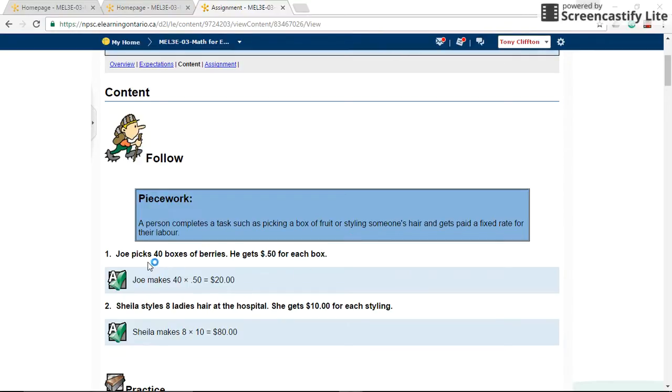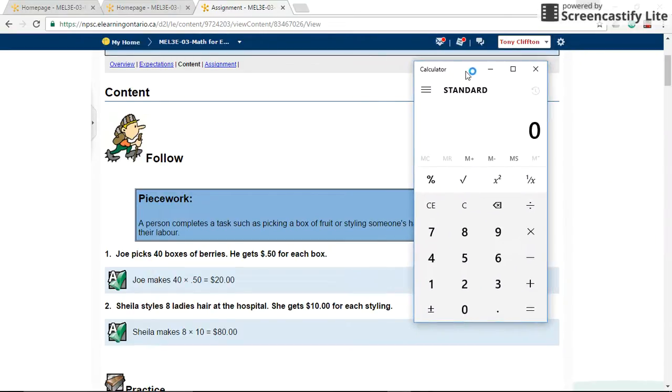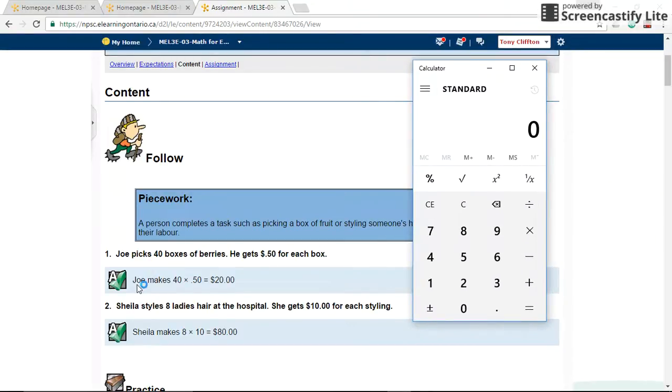So in this example, Joe picks 40 boxes of berries. He gets 50 cents for each box. So on my calculator, Joe makes 40 times 0.50 equals 20. So if I go 40 times 0.5, I don't have to enter the 0, equals 20.